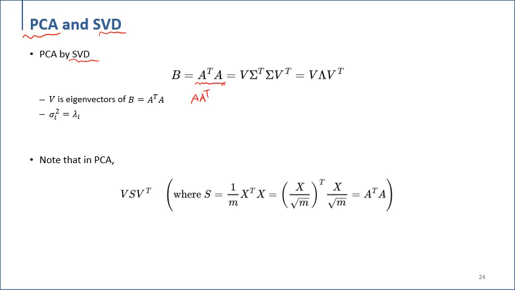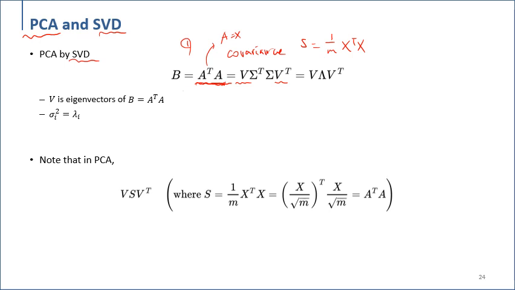By using these two symmetric matrices, you're going to calculate V and U. And here, when you think about A equal to X, this is nothing but the covariance matrix, because S is equal to 1 over M times X transpose X. So A transpose A is nothing but calculating the covariance matrix. And by calculating the eigenvalues and eigenvectors of A transpose A, you can calculate V and V transpose.